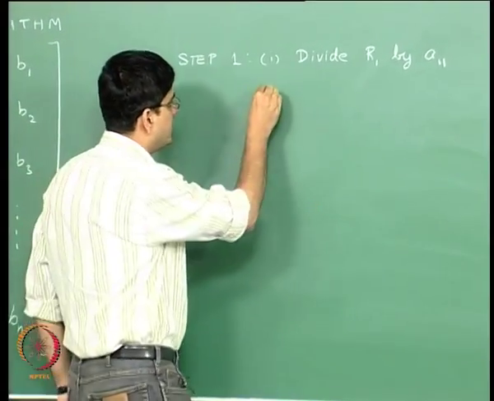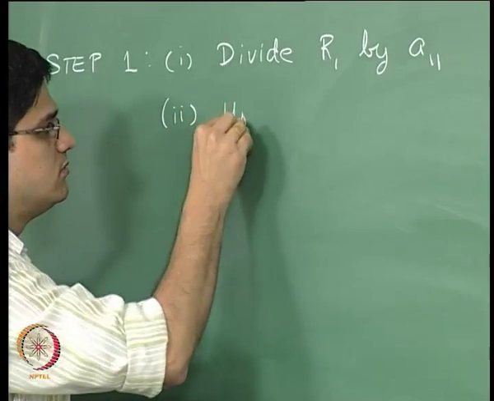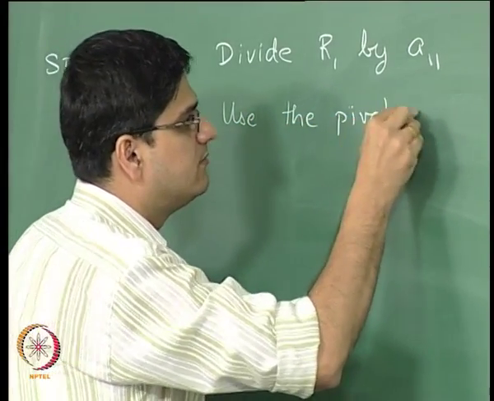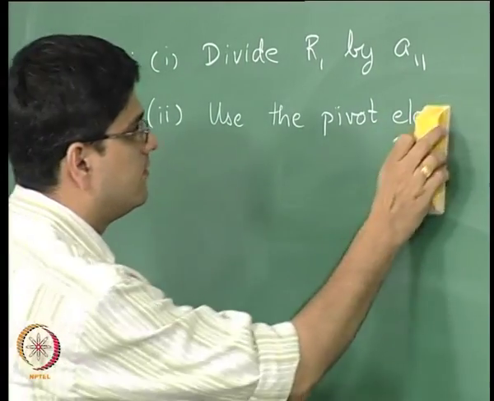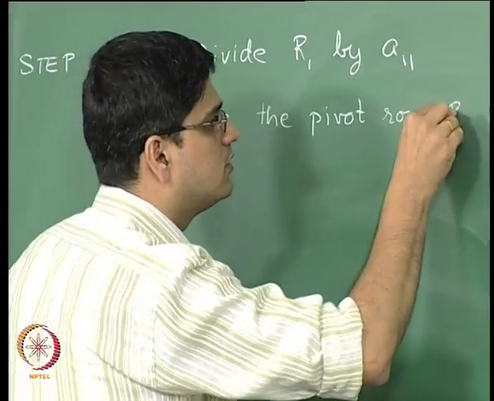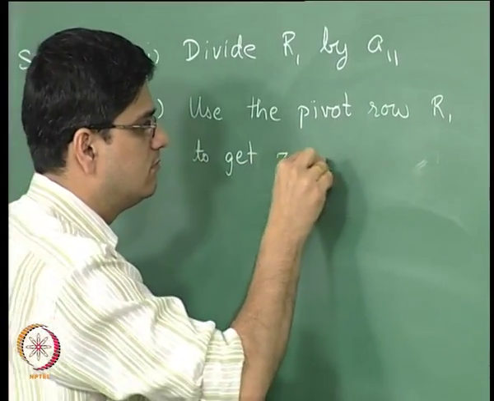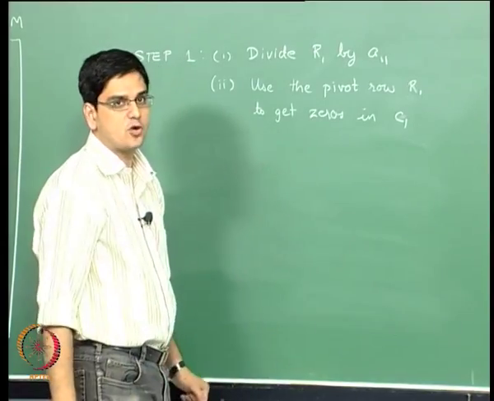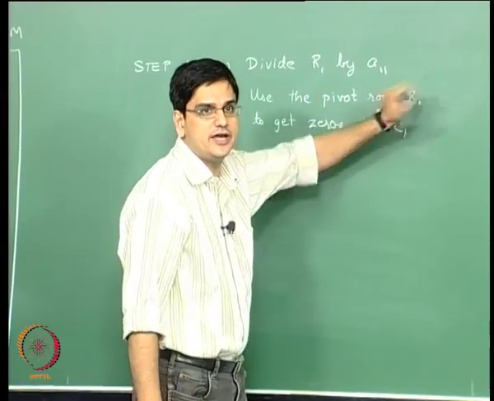The next step in case of Gauss elimination was to use the pivot element, or sorry, not the pivot element but the pivot row R1 to get zeros in C1 below the diagonal. Okay. So, this was the second step, the second part of step 1 in Gauss elimination.